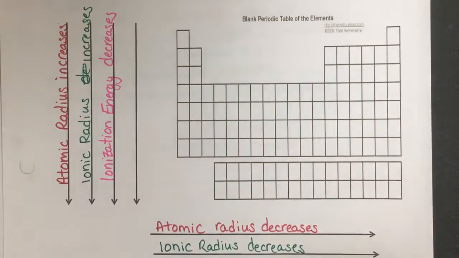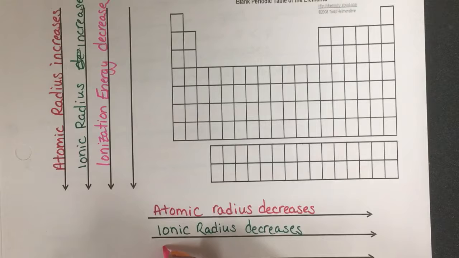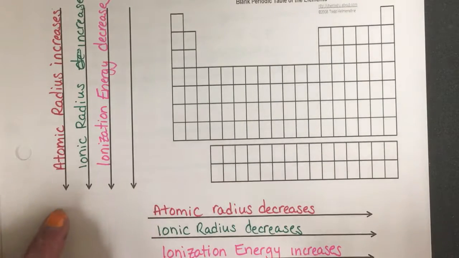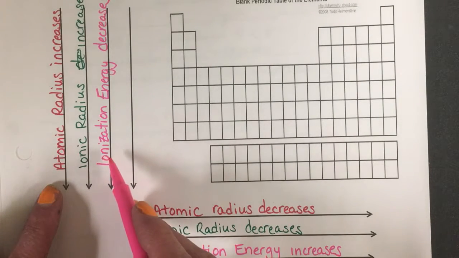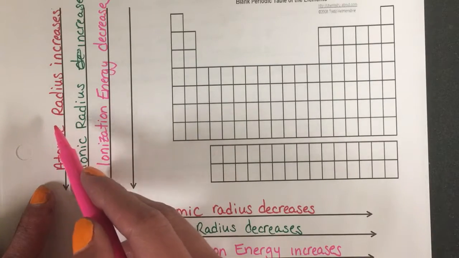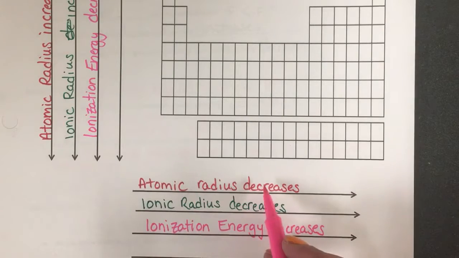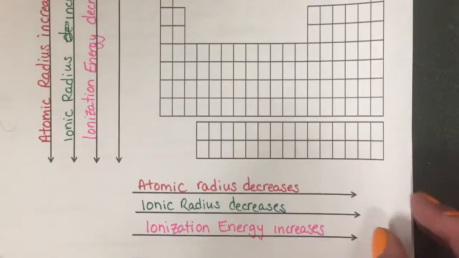As I move left to right, ionization energy increases. So the radius and the ionization energy are opposite. As the electron moves further away, it's easier to steal. As the electrons are closer to the nucleus, it's harder to steal. Okay?